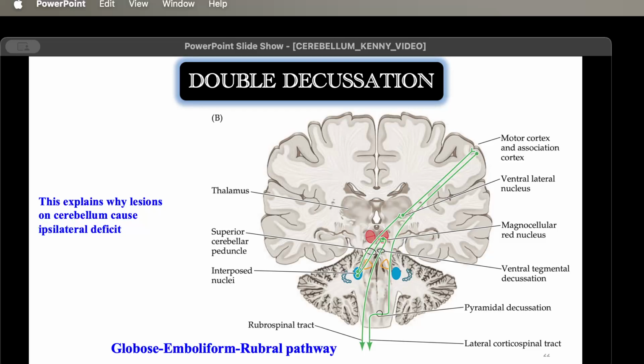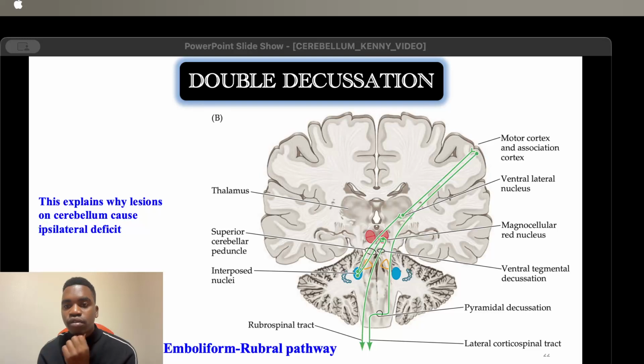Number two, they have something in common actually. The first one was the information from the dentate nucleus, but now the information from the interposed nucleus will also use the superior cerebellar peduncle to decussate into the contralateral side.